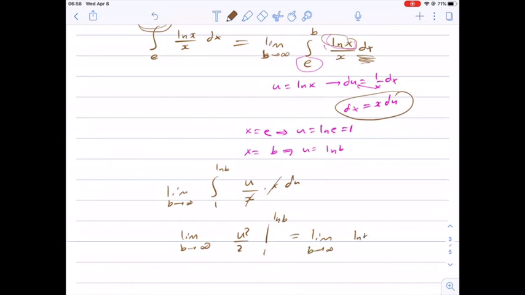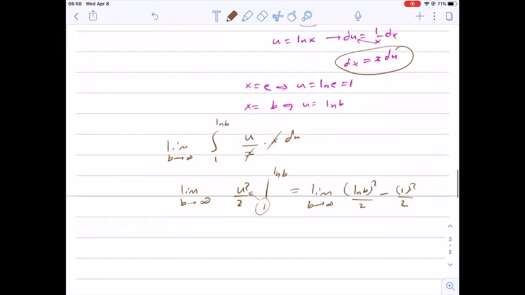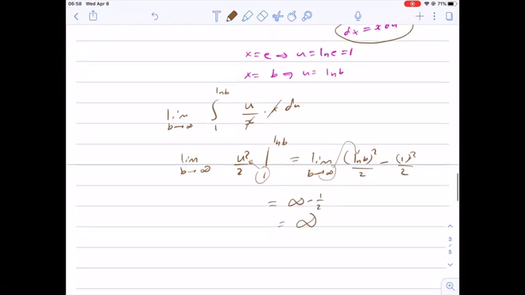This is limit b goes to infinity, natural log b squared over 2 minus 1 squared over 2. Now substitute infinity. Natural log of infinity is infinity, squared over 2, still infinity, minus 1/2, and that's infinity.